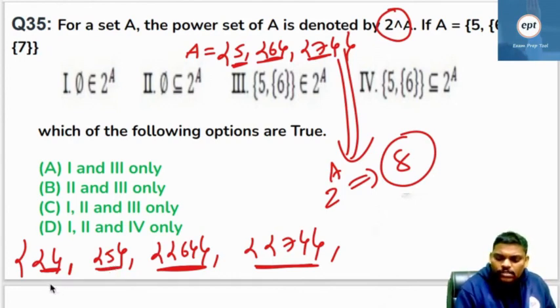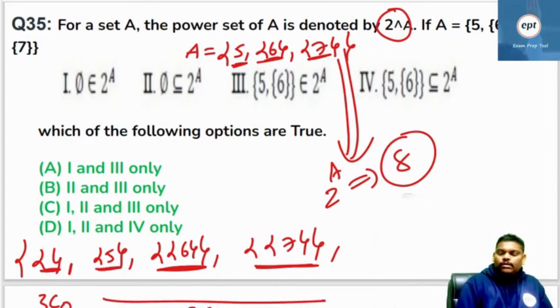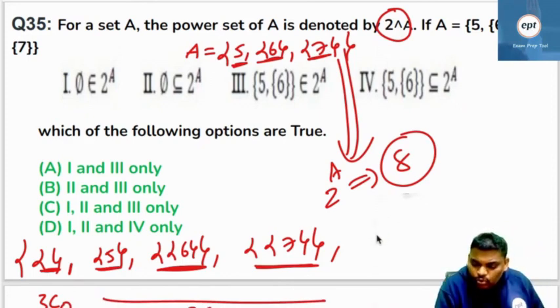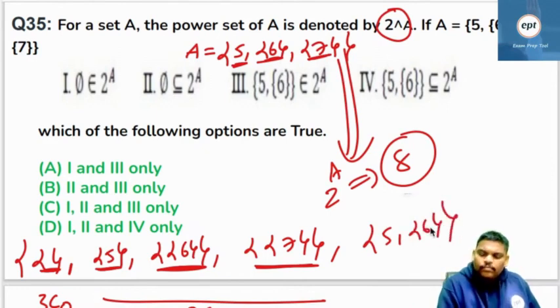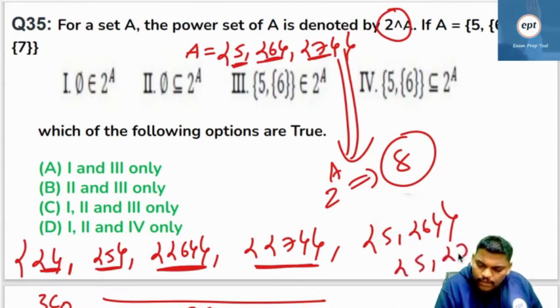So out of 3 elements selecting none, 3C0. It is 3C1. Now go to 3C2, 2 elements: 5 and 6. Next one, 5 and 7.